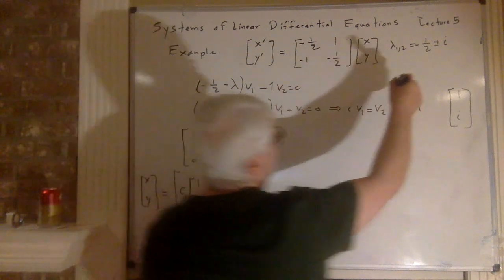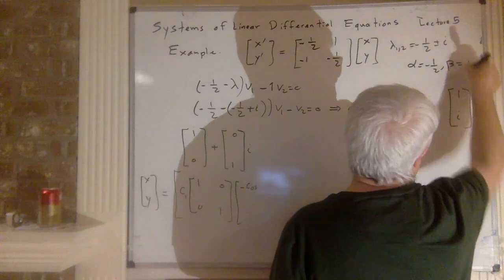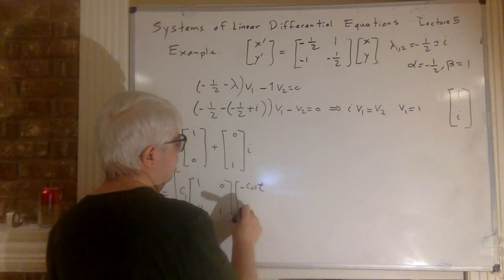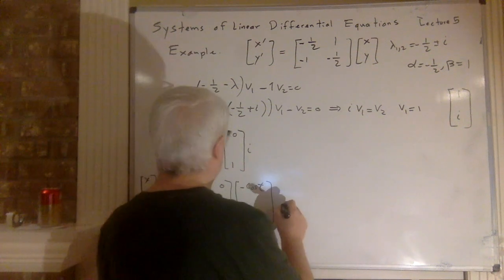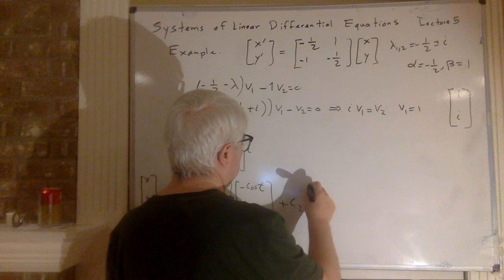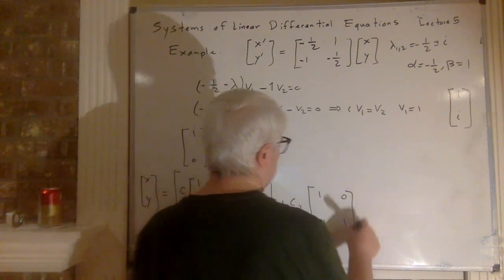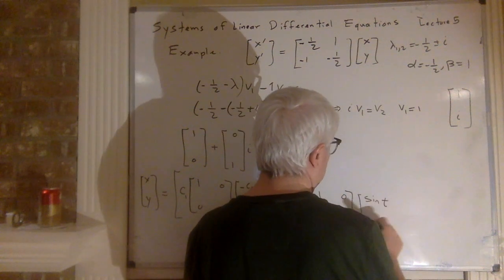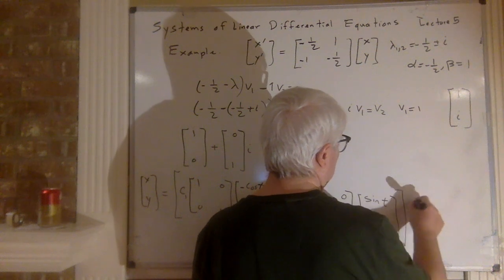So let me write alpha is minus 1 half and beta is 1. So it is beta t, so it is t, sine t plus c2 of 1, 0, 0, 1, and sine t, cosine t, everything times e to the power minus 1 half t.